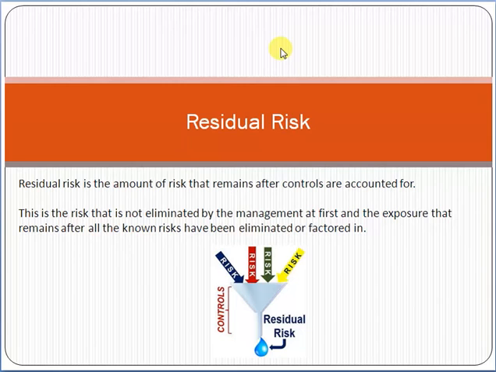Now friend, when we talk about residual risk, it means that once you do the response planning, there are still some risks that will be left over, will remain, which after response planning will still exist. Those risks are called residual risk. For example, you have identified 10 risks.